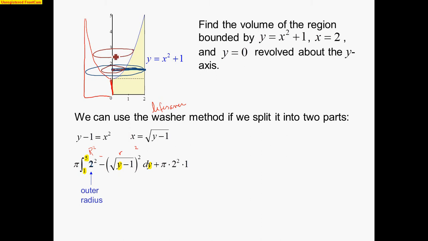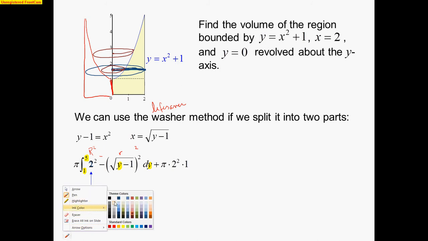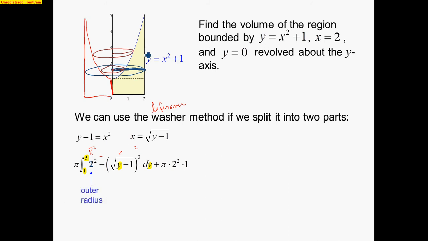Inside circle, the radius that goes to the curve. Outside circle, radius goes out to the vertical line. Yeah?